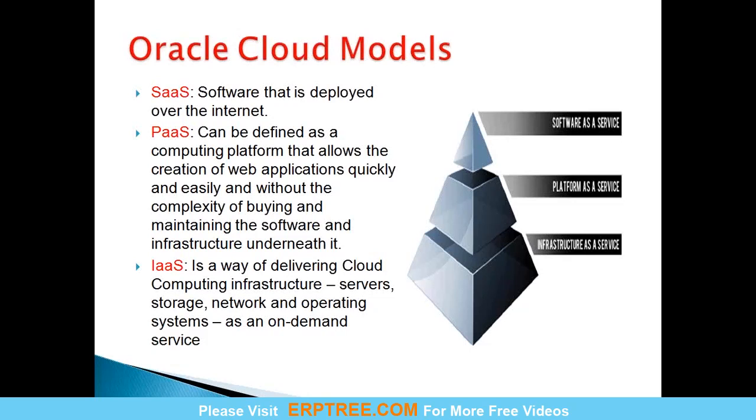Whereas infrastructure as a service is a way of delivering cloud computing related infrastructure. When we say infrastructure, the servers, storage, the network, operating systems, these are all given as an on-demand service. So these are the three categories generally which we come across when we talk about cloud computing.